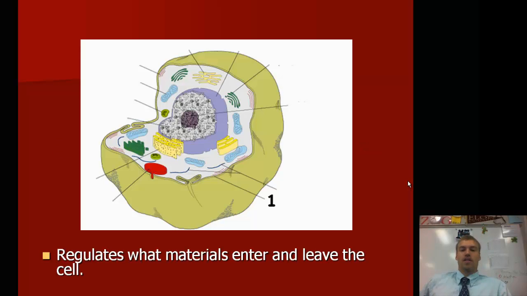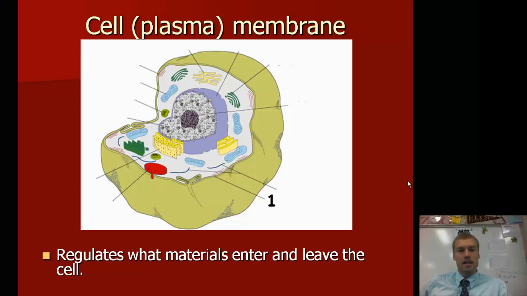So this is what regulates what enters and leaves the cell, and I believe that you all already know this one. This is the plasma membrane or the cell membrane. The cell membrane is made up of phospholipids, a phospholipid bilayer. So remember, our lipids contain kind of a hydrogen area, an oxygen area, and a long chain of carbon.